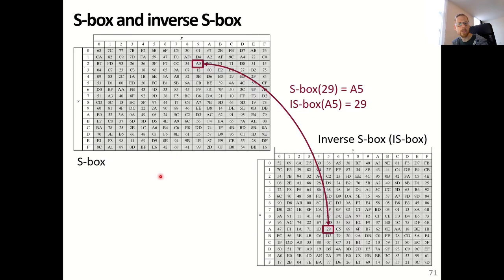For example, if you look at the element on the third row, so row number 2, and the 10th column, so column number 9, which maps the value 29 to A5. If we then go look at the value at position A5 in the inverse S-box, we see that it is indeed 29. So that means that they are each other's inverse.